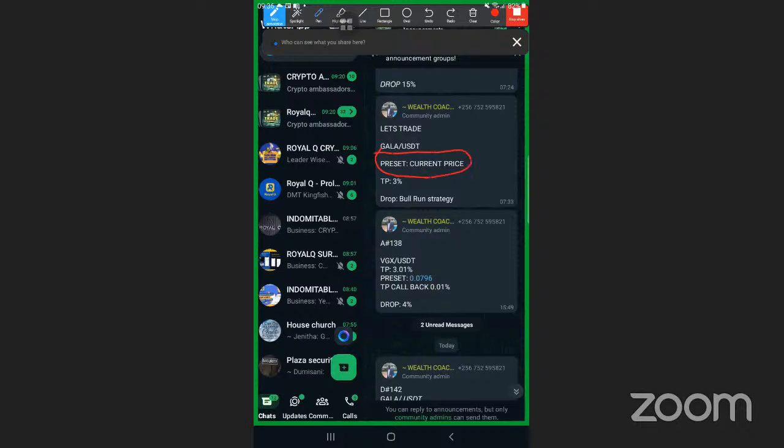It is called current price signal because immediately after you have set your signal and clicked the activate button, the robot is going to buy. That's why it is called current price. It will buy at the current price. So this is the first type of signal.